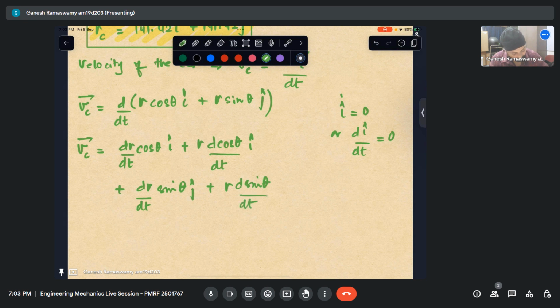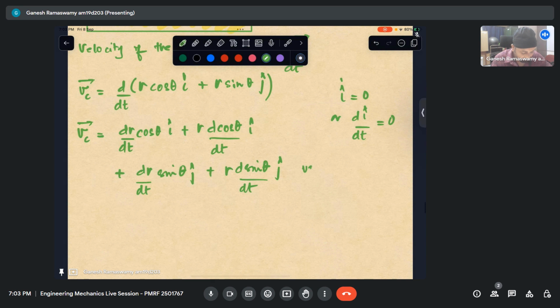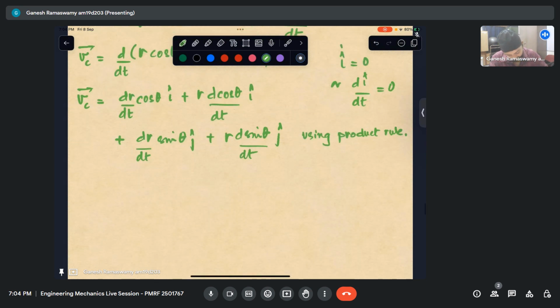So this we can write using product rule. But r dot, which is nothing but dr by dt, is equal to 0 since it's a circular curve.